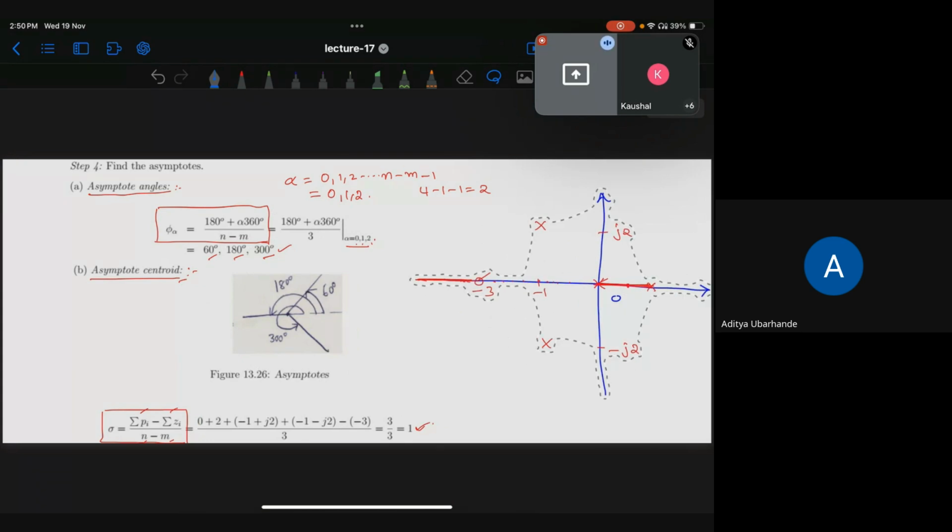So at sigma equal to 1, you have these three angles: 60, 180 and 300. Always take the angles in this direction.